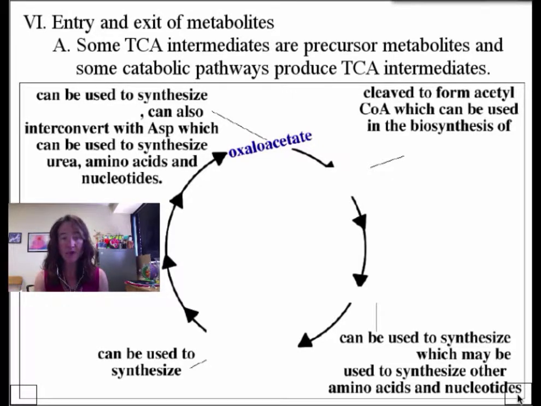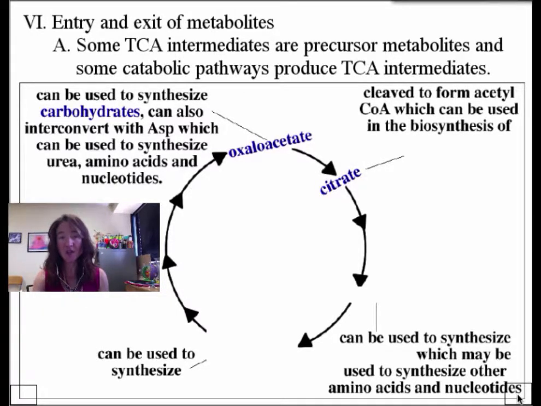For example, oxaloacetate can get converted into pyruvate, and pyruvate, if glycolysis is turned backwards and gluconeogenesis is run, can be used to synthesize sugar. So oxaloacetate can be used to synthesize carbohydrates. Also, it can be used to synthesize certain amino acids, such as aspartate. So it is a good Lego with regards to that, and sometimes it is siphoned off of the TCA cycle for its work as a building block.